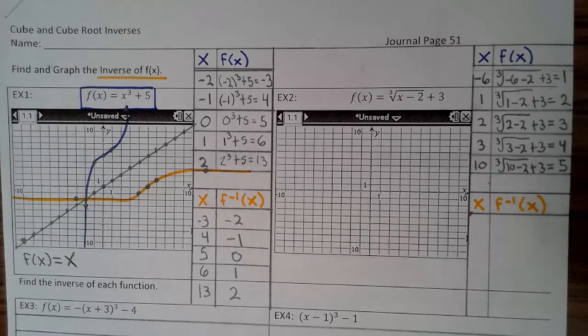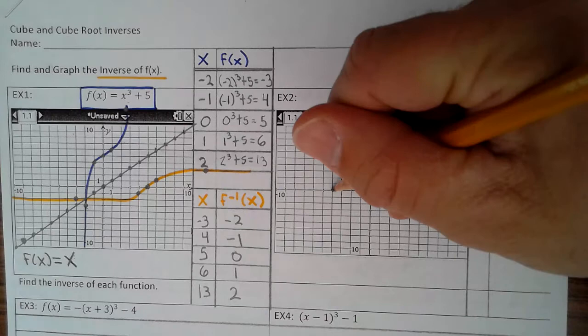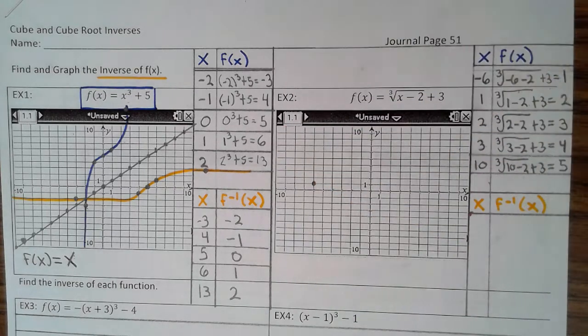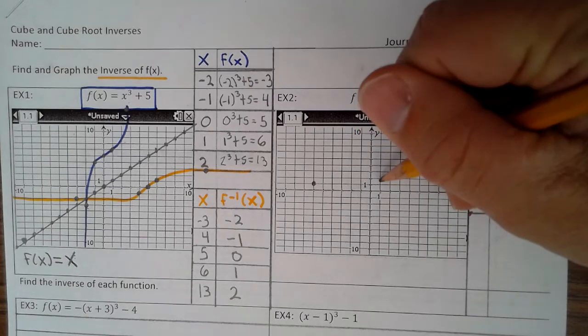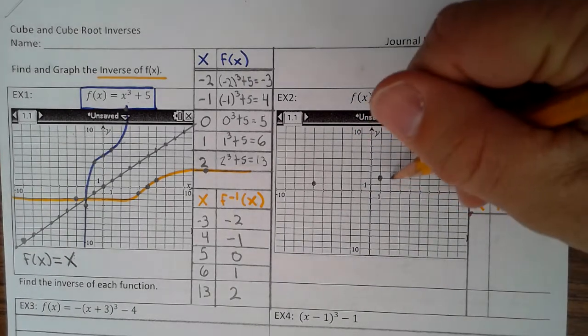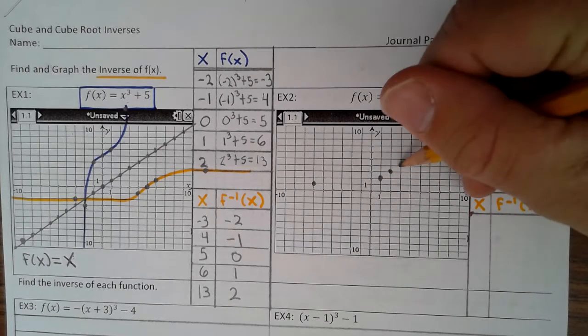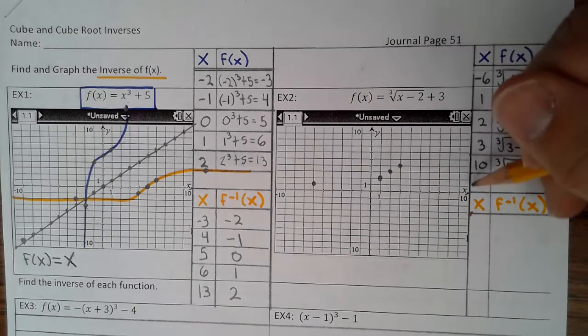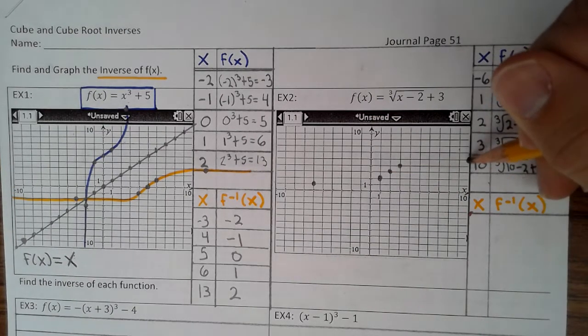So -6, 1. 1, 2. 2, 3. 3, 4. And then 10, 5.